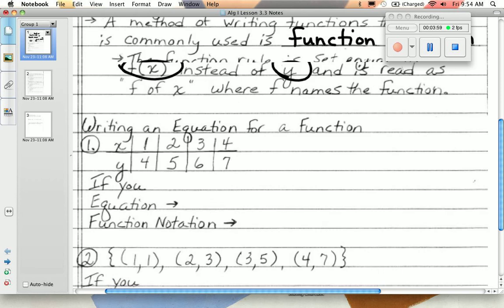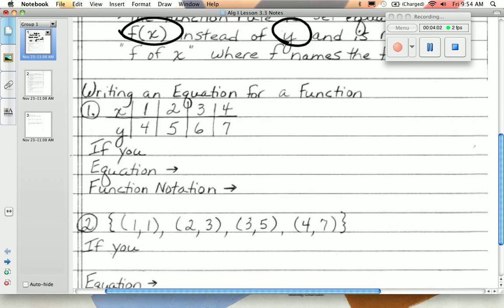So, writing an equation for a function, you've got to decide what the function rule is. We have a table with some ordered pairs: when x is 1, y is 4, when x is 2, y is 5, and so on. We have to decide what's the rule going on here. What happens to x that in the end results in y? Okay, so 3 is being added to the x value.